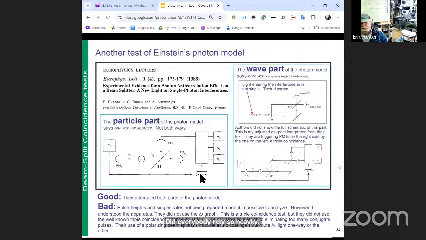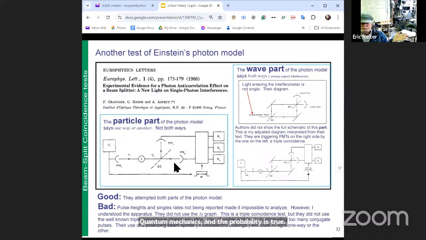So here's yet another one, Aspect. And Aspect and his team, they won the Nobel Prize also for that related Bell test. But the interpretation of the Bell tests comes from these tests, which are more fundamental, which say that quantum mechanics and the probability interpretation is true. It comes from these tests.